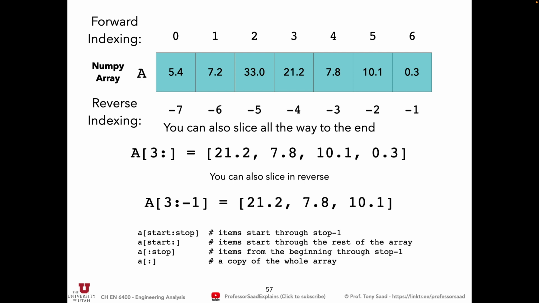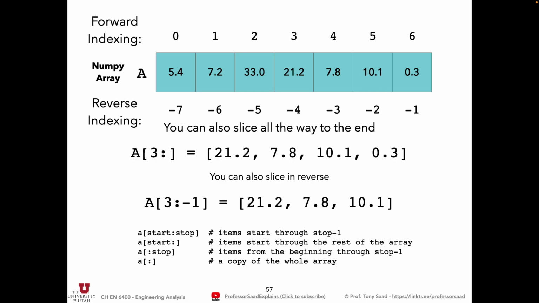It gives you a view starting at A[start] and ending at stop minus 1. A[start:] gives you everything to the end. If you drop the first number, it's always going to give you the first entry, A0, so you don't need 0 at the beginning, and then it will stop at stop minus 1. And A[:] without anything gives you a copy of the entire array. Actually, it's a view of the whole array.